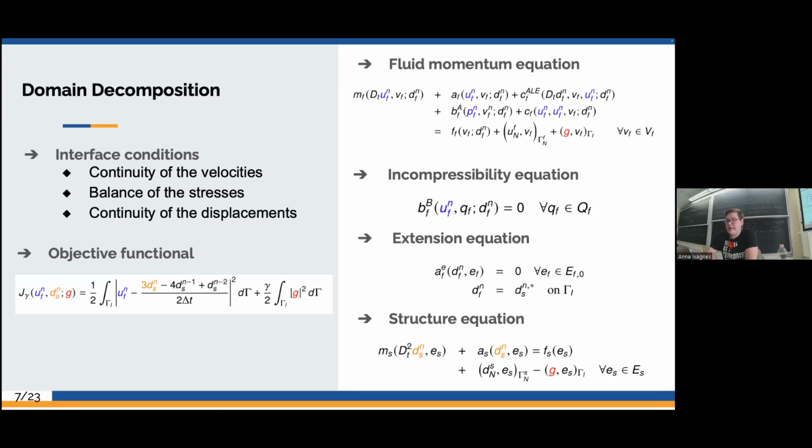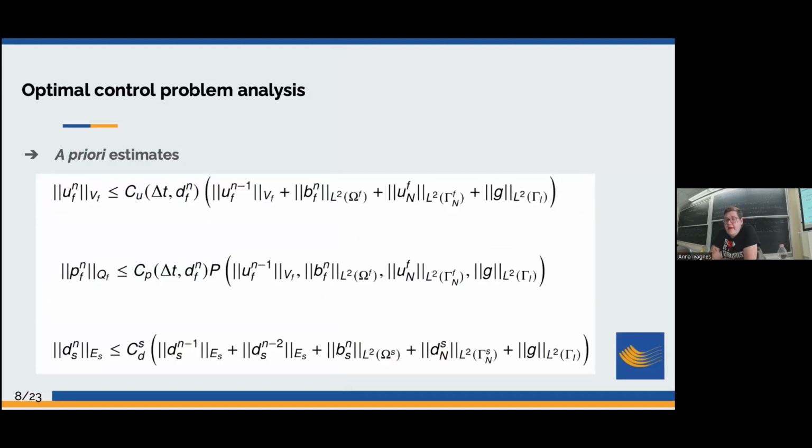I hope. Yeah. Okay. Then, as I mentioned before, the fluid displacement is pre-computed, and it is very important as a first step, because now I want to move to the analysis of the optimal control problem, which I just stated. A key element of the optimal control problem analysis is to provide the a priori estimates for the fluid velocity and pressure, and also the structure displacement.